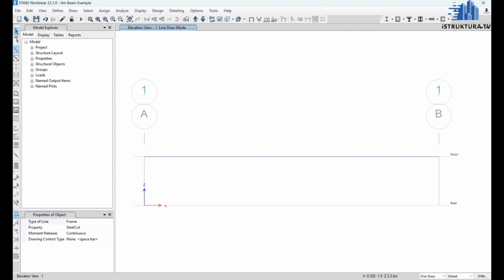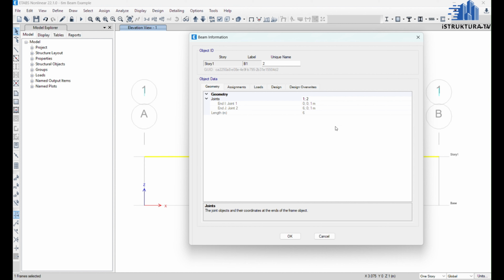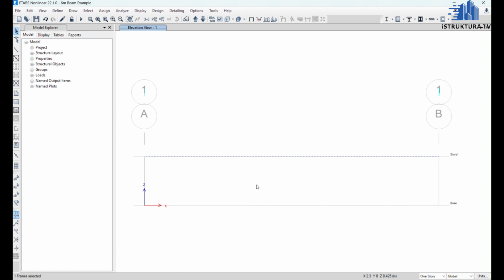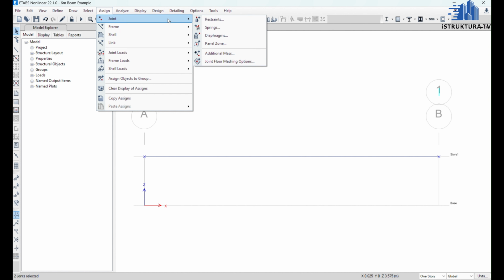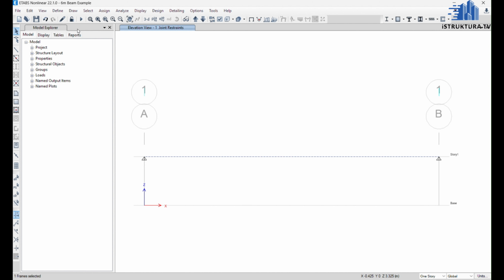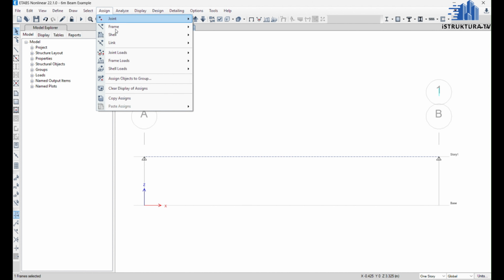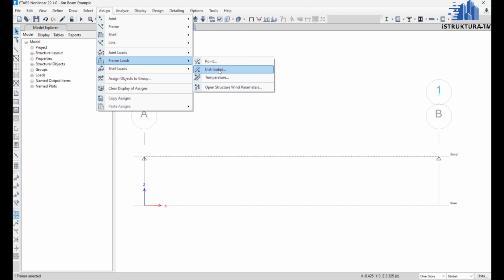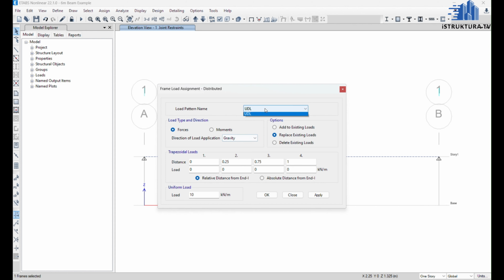This beam has a 6 meter span length, and let's assign it as simply supported, so the boundary condition will be pin. And let's apply loads. Assign frame loads, like a UDL, that's 10.